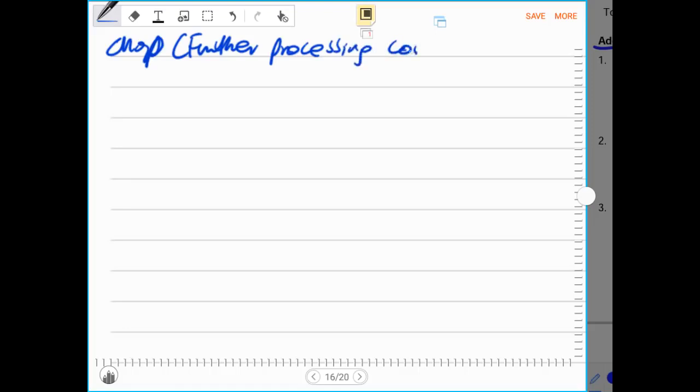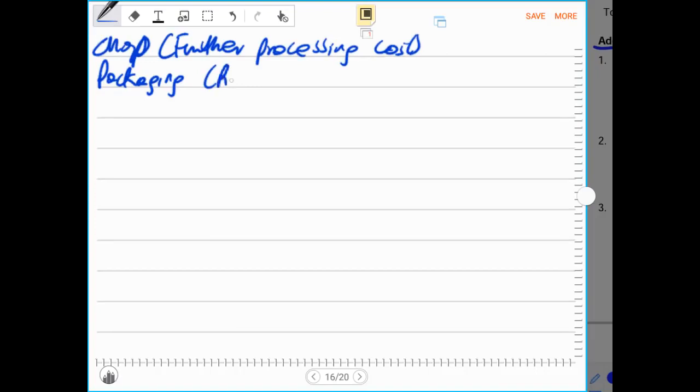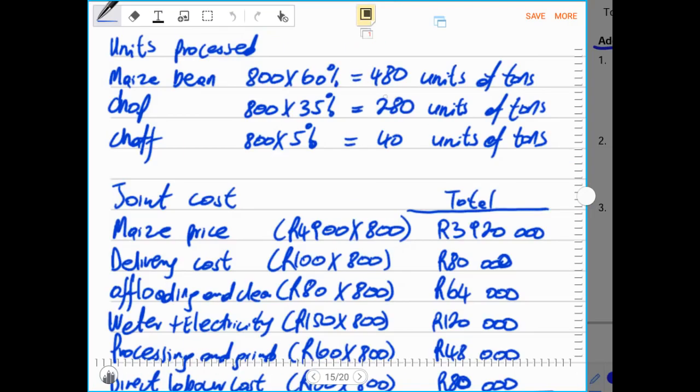Further processing cost, it is packaging cost, and the packaging cost is 20 rand times the number of units that were processed for this product, which is 280 units of product chop.